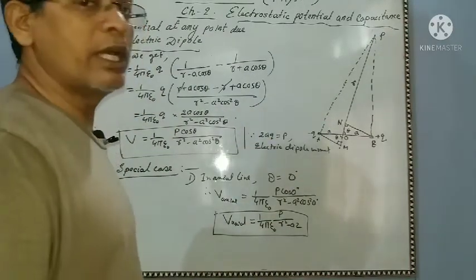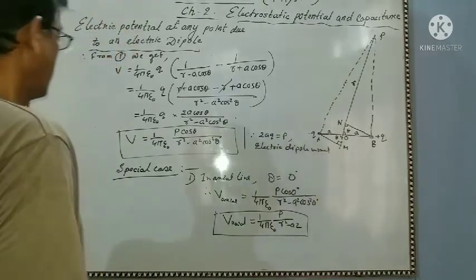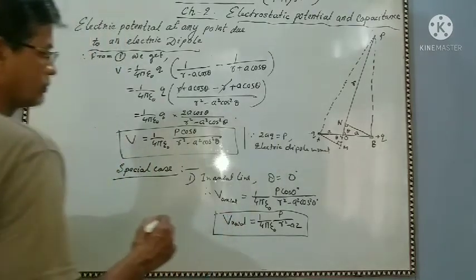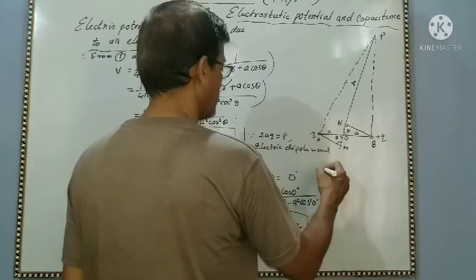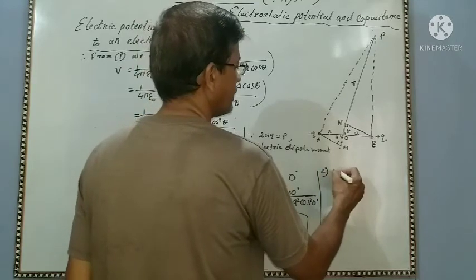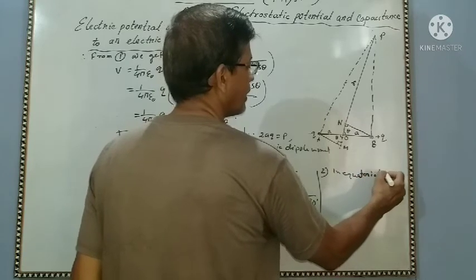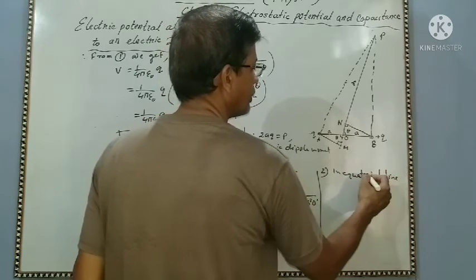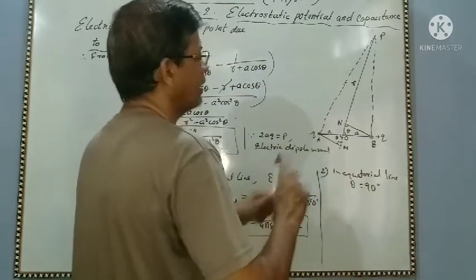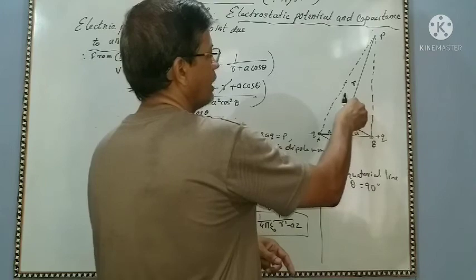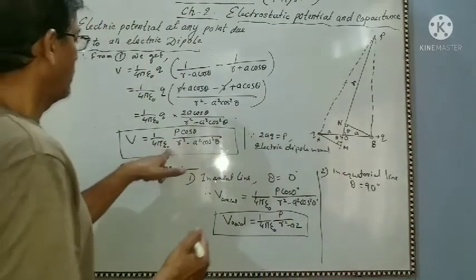Now what will be the electric potential in the equatorial line? Second case, in the equatorial line, theta equals 90 degrees. Equatorial line means this line is perpendicular, 90 degrees, and cos 90 is 0.